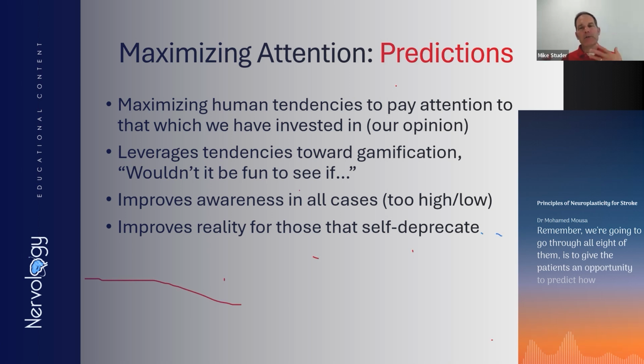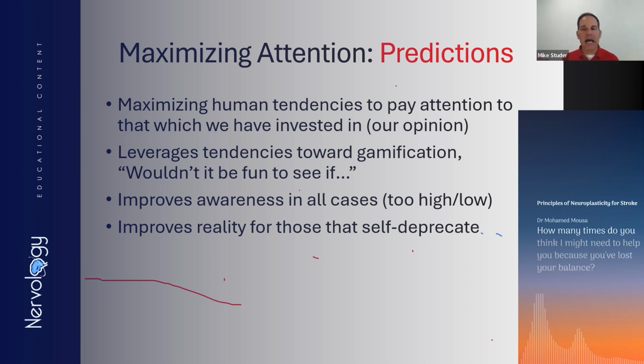Another way to improve attention, remember we're going to go through all 8 of them, is to give the patients an opportunity to predict how well they're going to do. So, before they start a task, any task, walking, balancing, dressing, or otherwise, you ask them to predict how well they're going to do with some sort of objective statistic associated with that. How many steps do you think it's going to take you to get to the end of the hallway?